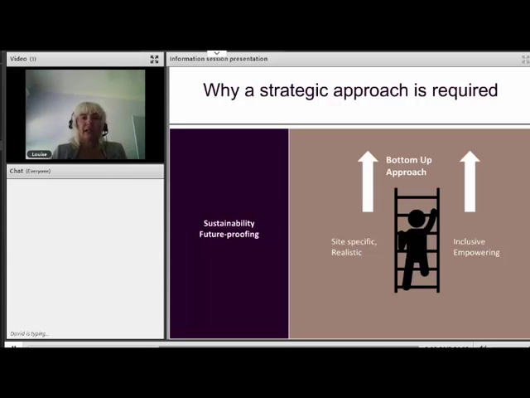So why do we need a strategic approach to this at all? Why can't we just say, here are the tools, you have all done a teaching degree, you should know about pedagogy, off you go. And the reason is because this is new to a lot of people and they don't know where to start.